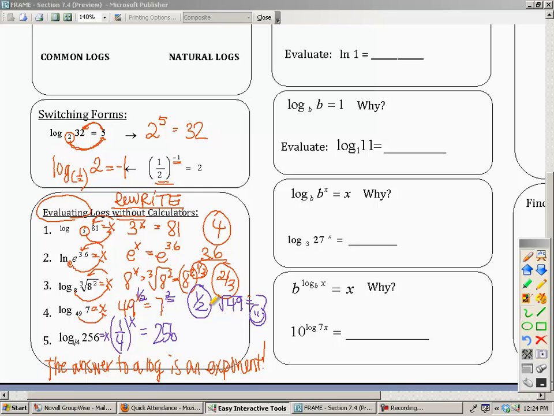If I go from a fraction to a whole number, I'm going to give you the hint that your exponent is going to be negative. The reason it's negative is a negative exponent will switch this from 1/4 to 4 to some power. So if my x is negative, I'm going to automatically get rid of that reciprocal.